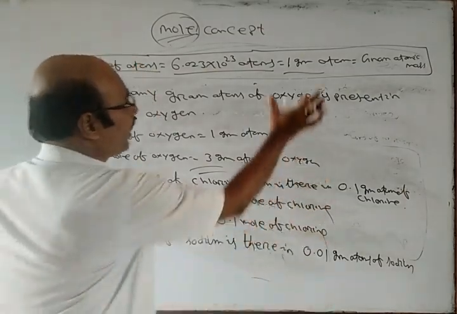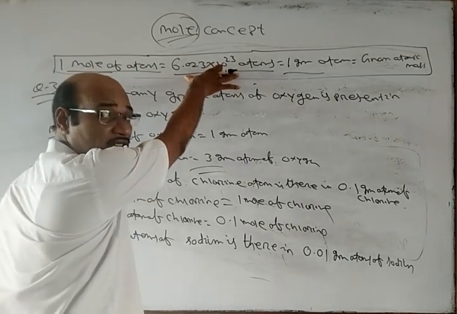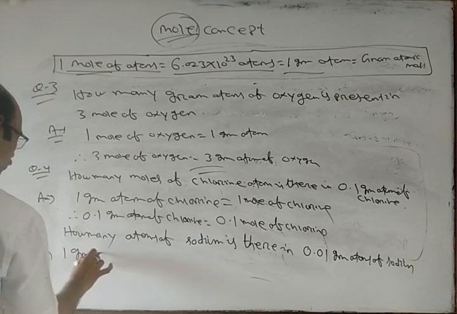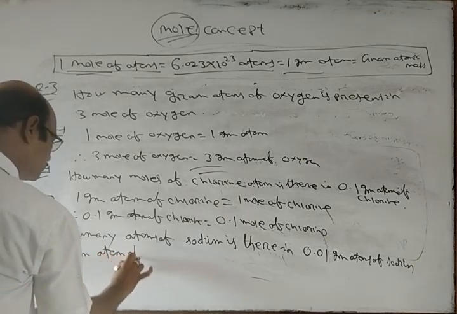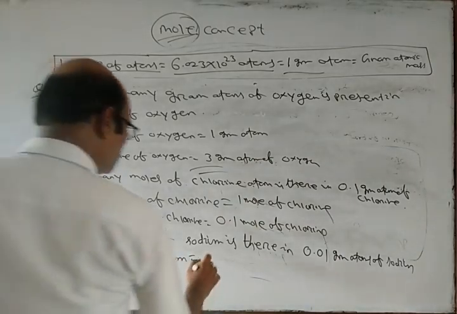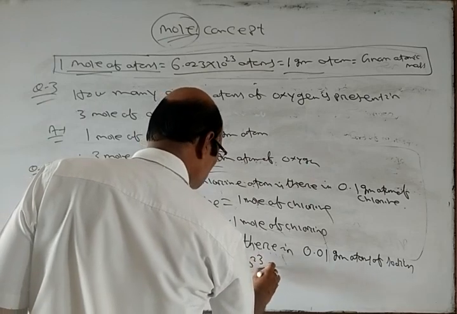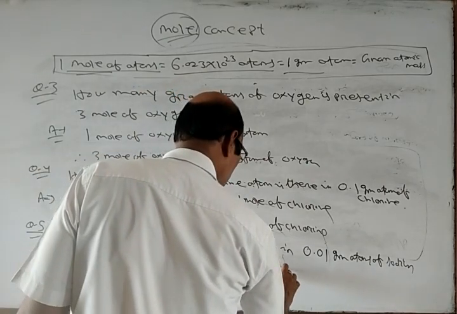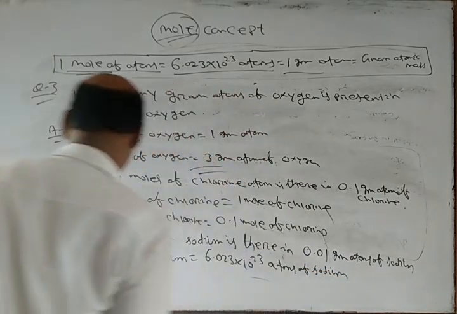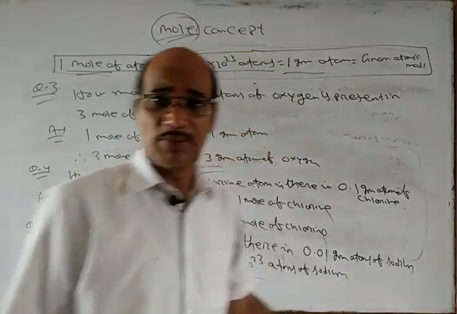Here, see, 1 gram atom equals how many atoms? 6.02 into 10 power 23 atoms. So what will I write? Answer: 1 gram atom of sodium equals 6.023 into 10 power 23 atoms of sodium. Now, how many gram atoms are asked here? 0.01 gram atom.